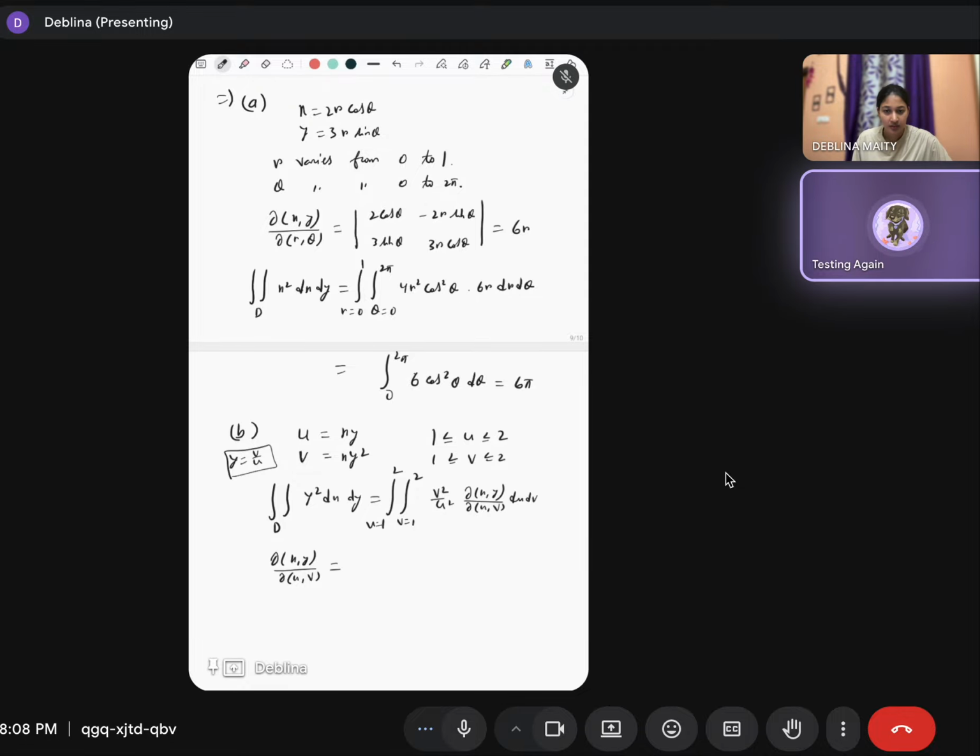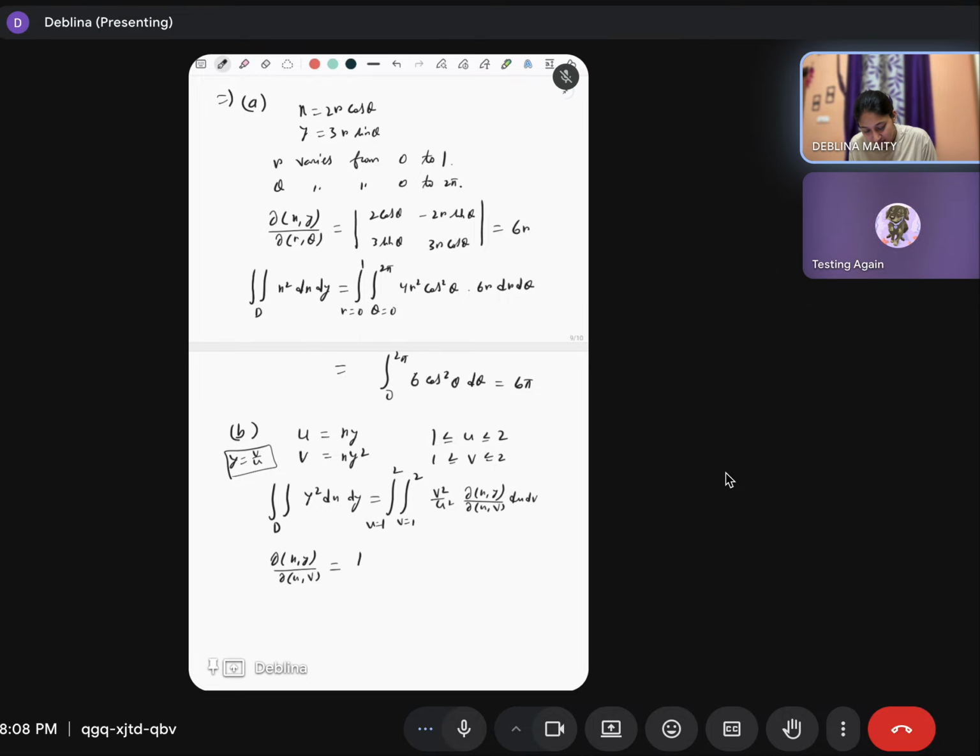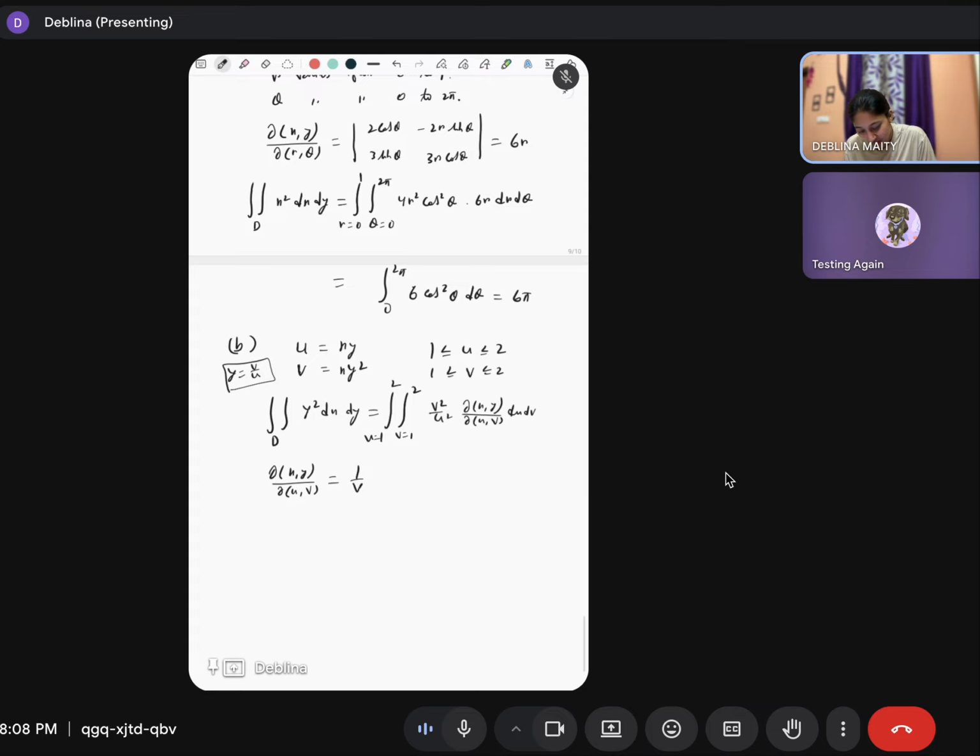One over v in uv form, right? So the integration is from 1 to 2. Just find out the value of this integration. It is now v by u square du dv.